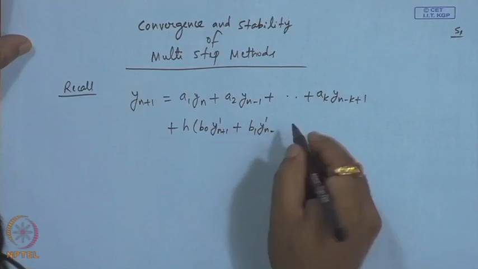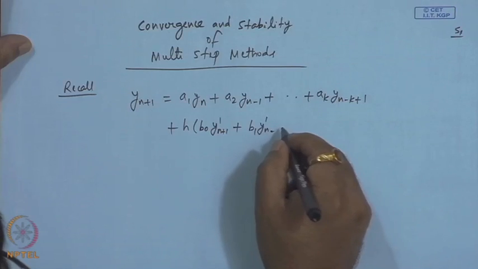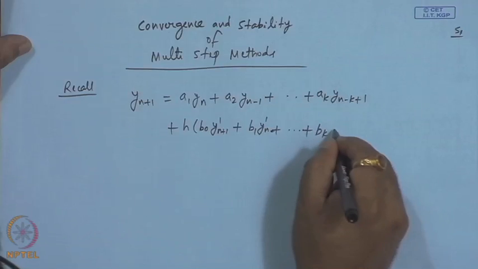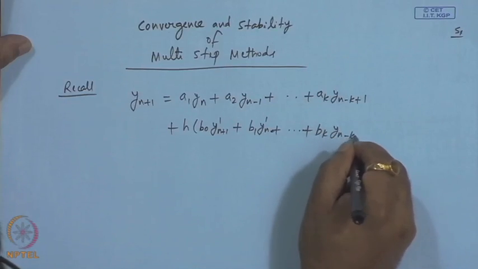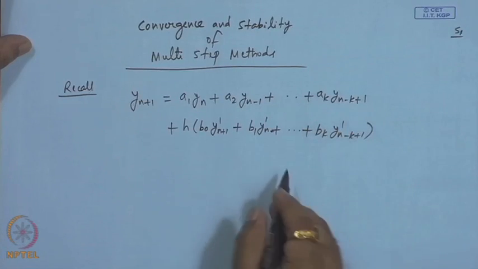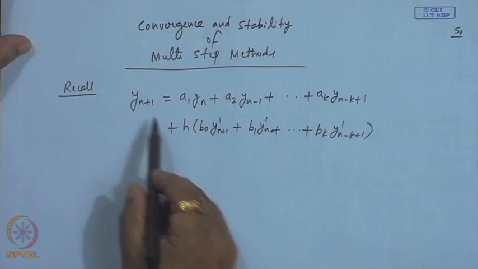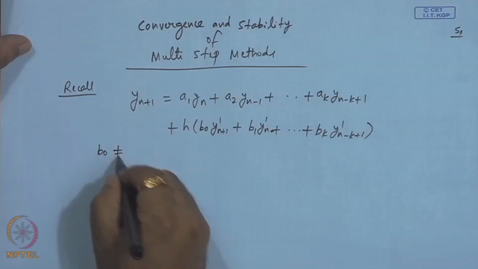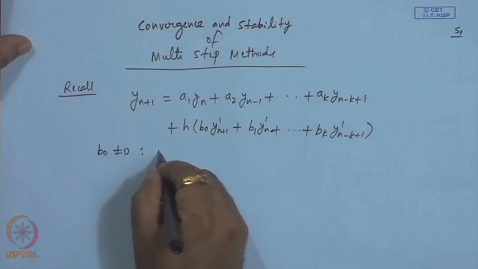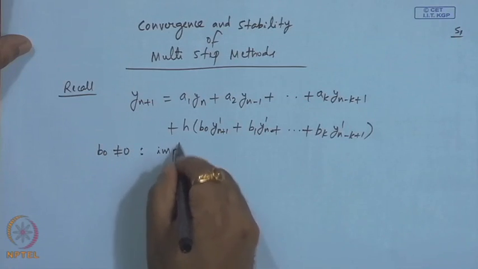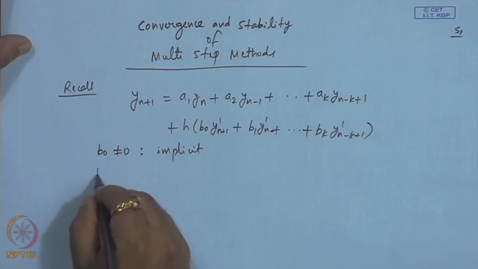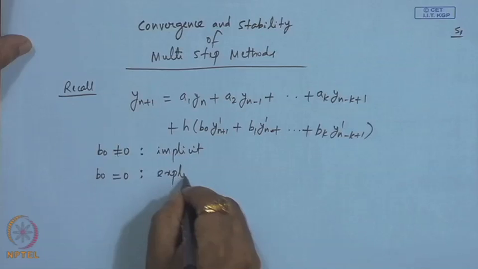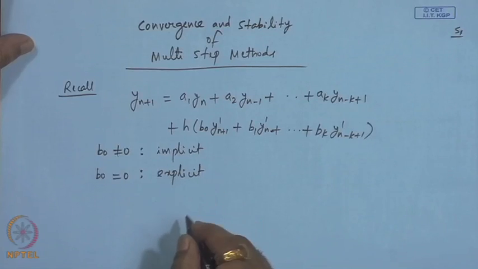So this is a general method, and in this if B 0 is non-zero, it is implicit; if B 0 is 0, it is explicit.